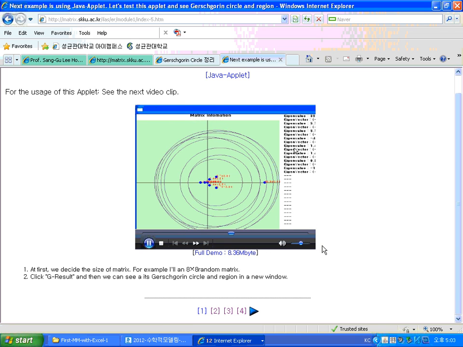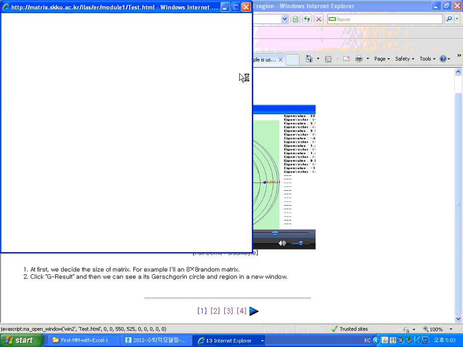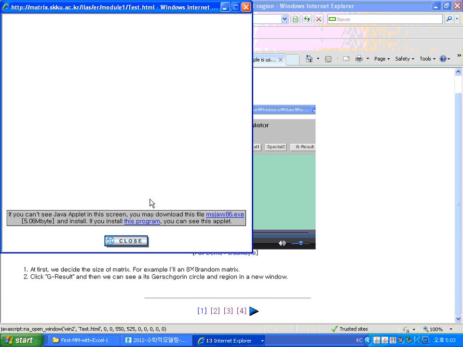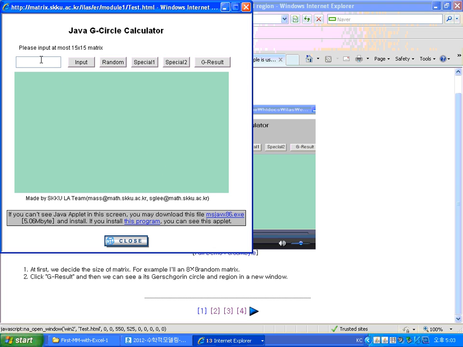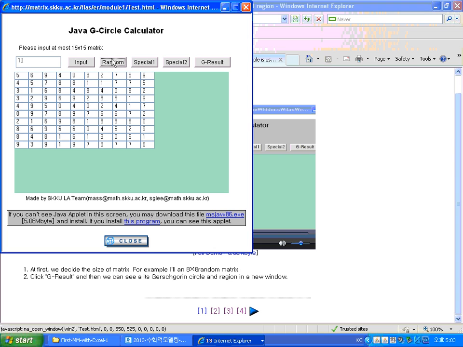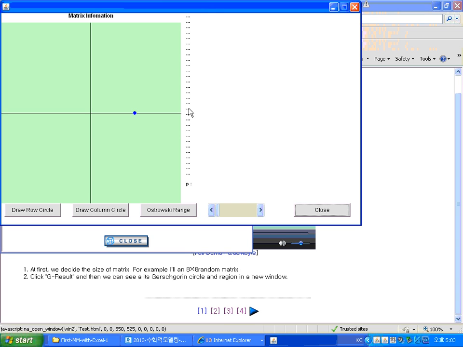and the simulation and a Java applet as well. And here you will see, if we put a 10 by 10 random matrix like that, then we can choose a special type of matrices, and we can draw the Gershgorin circles.